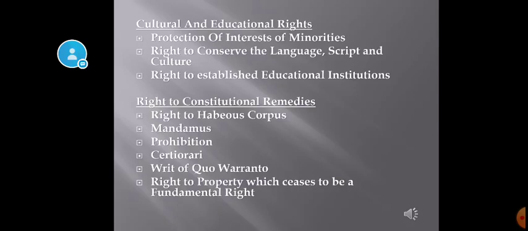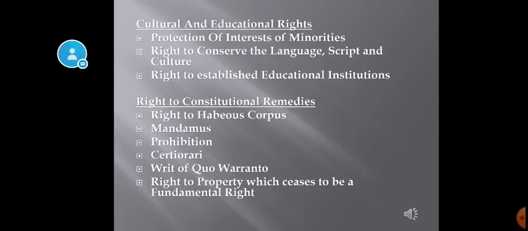India is a country which is a museum of different cultures and religions. Hence it was but natural that the Constitution should protect the cultural and educational rights of minorities. As we have already discussed minorities in the first chapter, the first point describes the right to conserve language, script and culture.